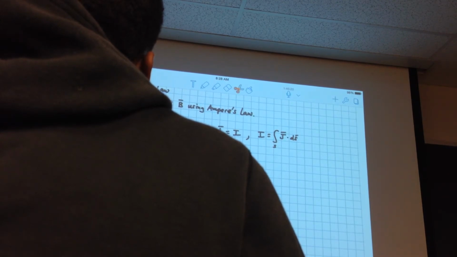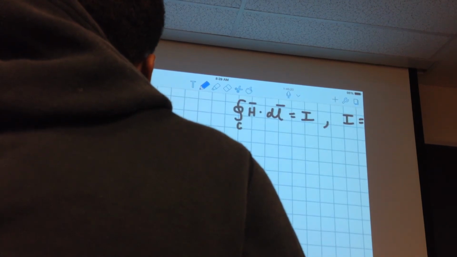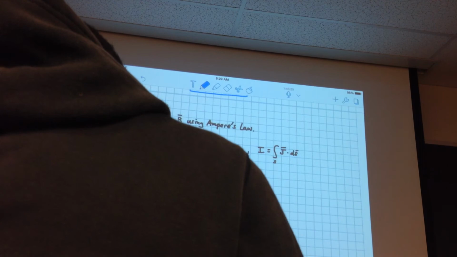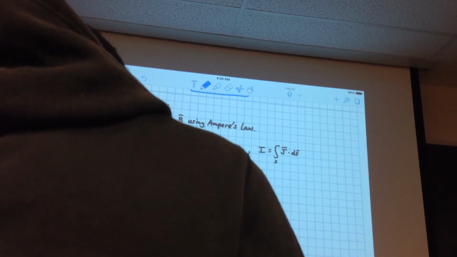So here, you've got a contour C, and on the right-hand side you've got a surface S, so you've got ds. You can remember this by the right-hand rule. Your thumb is in the direction of the current. The proper contour direction is going to be in the direction of your fingers. So for this problem, contour C is the opposite. Okay.